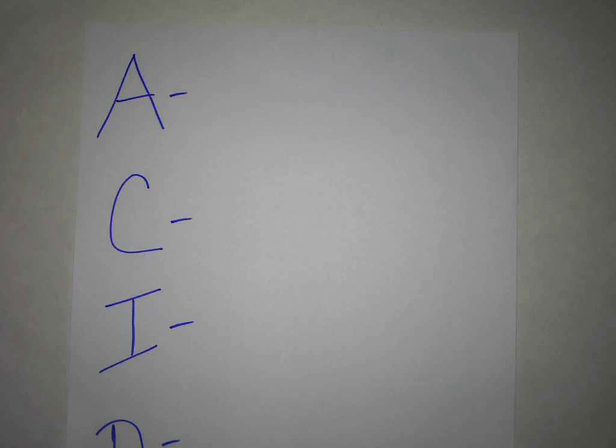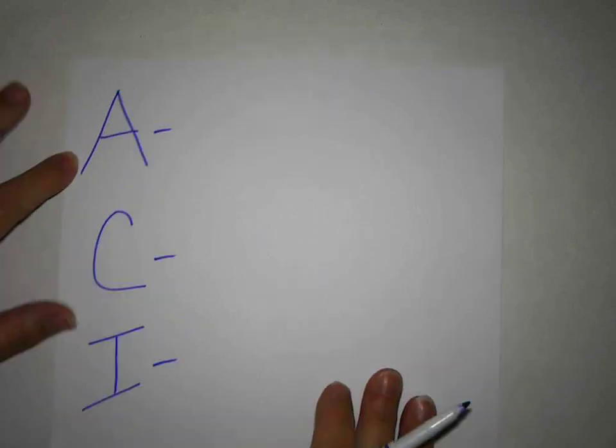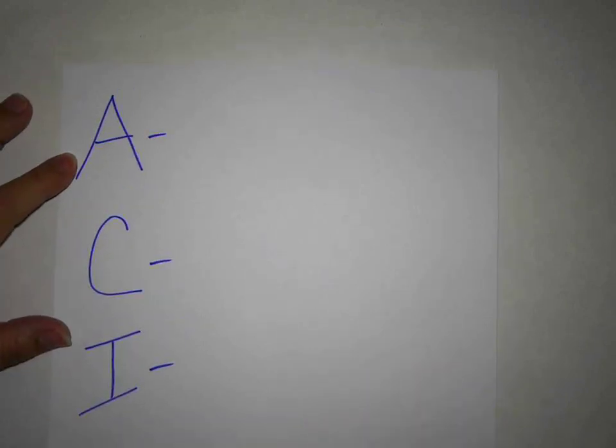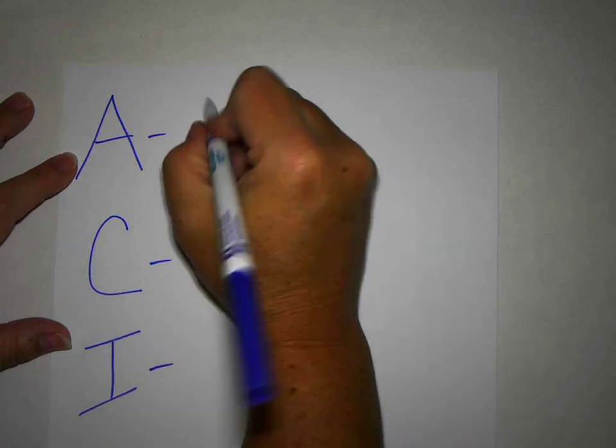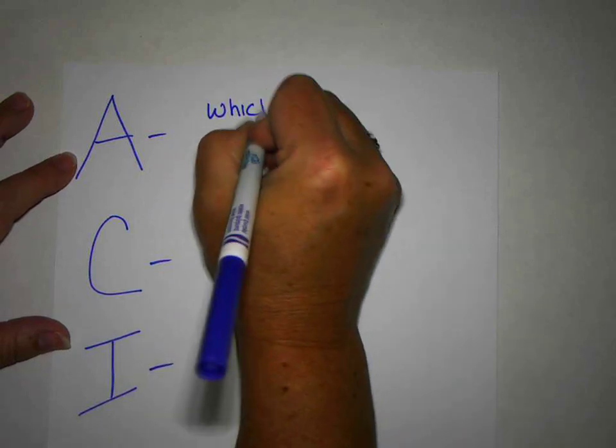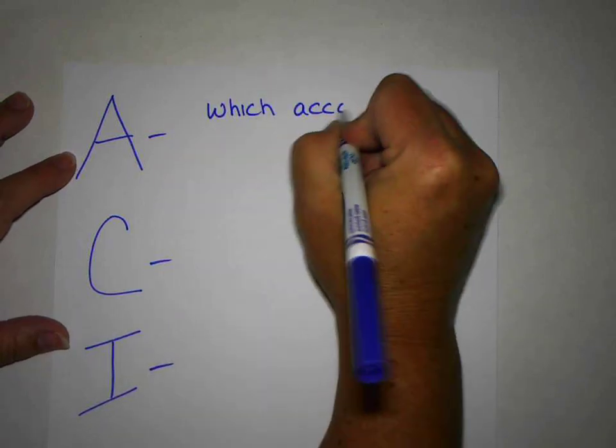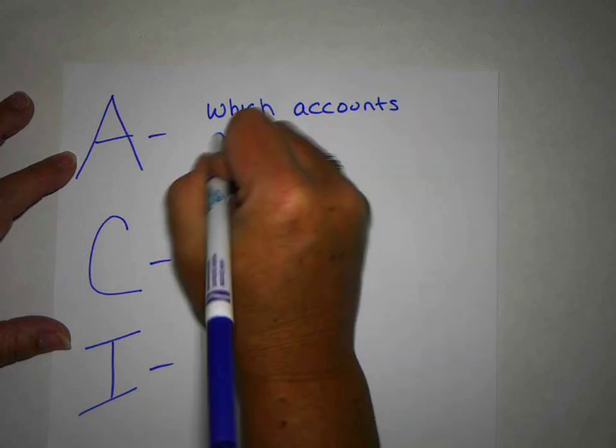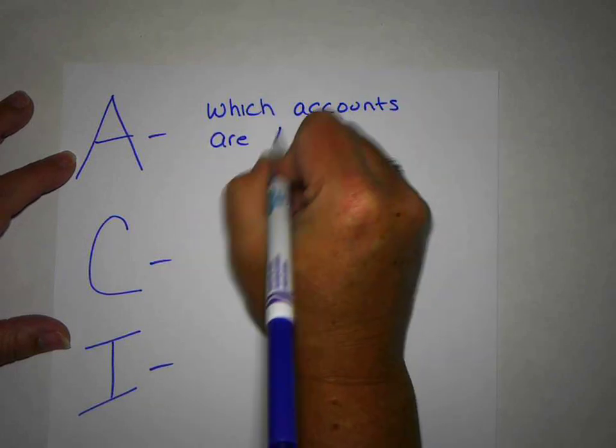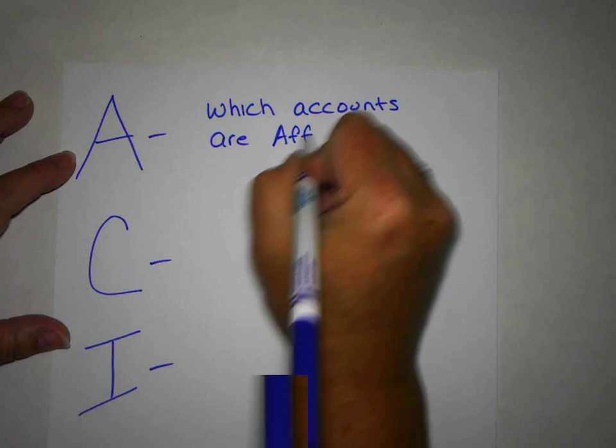Okay? So the first part, which is A, is which accounts are affected? And that's where our A comes from.